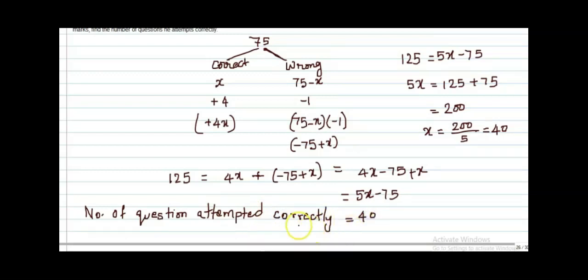And then the remaining answered wrongly is equal to 75 minus 40, which is nothing but 35. So out of 75, 40 questions are attempted correctly and the remaining are attempted wrongly. Now we move on to the next question.